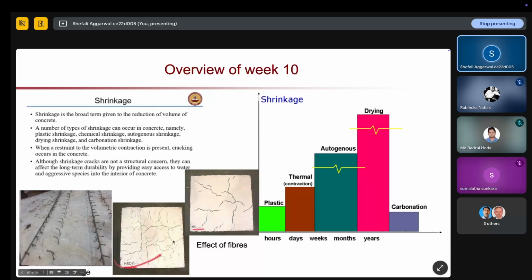You might say the one with fibers has more cracks, but if you measure the crack width, it will have very little crack width, and the crack area will be much lower than this one. So fibers will reduce your crack width.